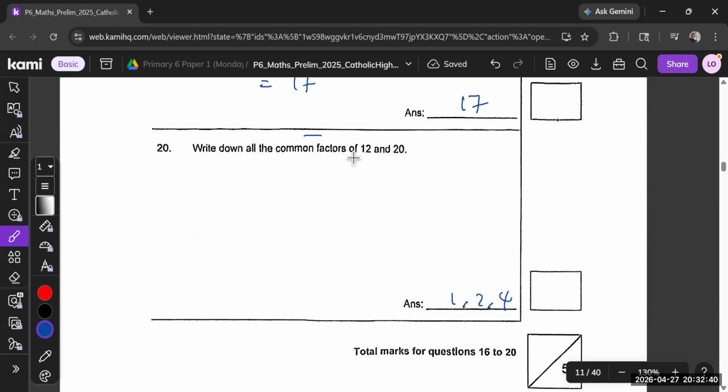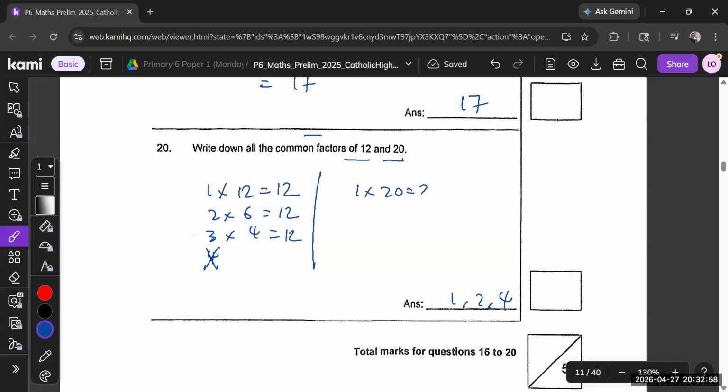Okay, so common factors of 12 and 20. You need to find the factors of 12. 1 times 12, 2 times 6. Then after 2 is 3, 3 times 4. And then after 3 is 4. Don't have to write 4 times 3. No need, so you stop already. Then 1 times 20, 2 times 10, 3 cannot, 4 times 5, 5 is already there.